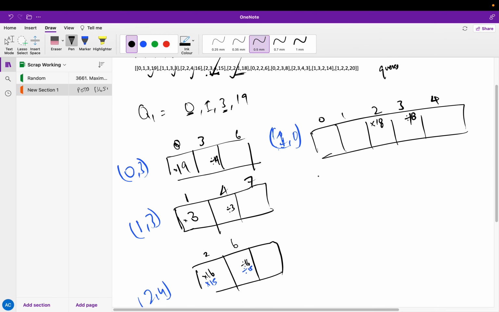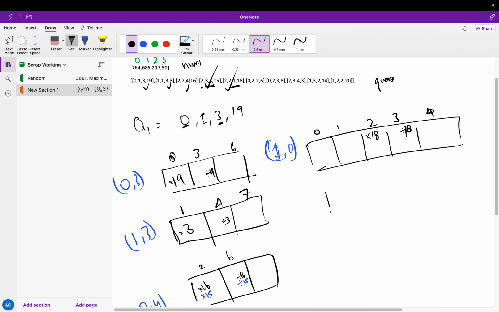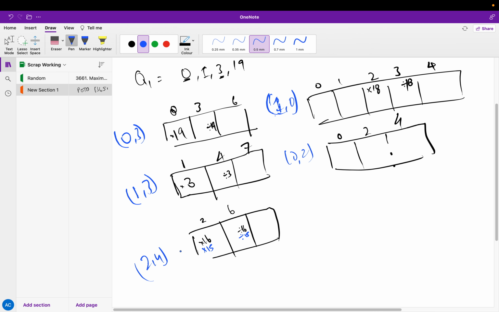Oh, wait. No. I think we need another bucket, don't we? 0, 2 with a jump of 2 is 0, 2, and 4. The tuple is 0, 2, which is not the same as what we've had previously, right? Because 2, 4, yeah, definitely should be like that.